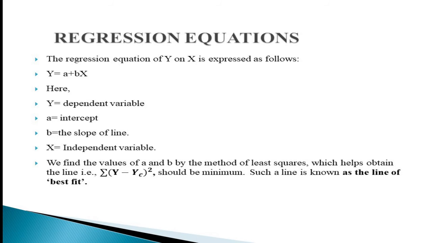So what is the regression equation here? y is equal to a plus b x. x is the independent variable and that is given already, and you are asked to find the value of y. a is called the intercept and b is the slope of the line, and x, as I told you, is the independent variable and y is the dependent variable. That means the value of y depends upon the value of x.